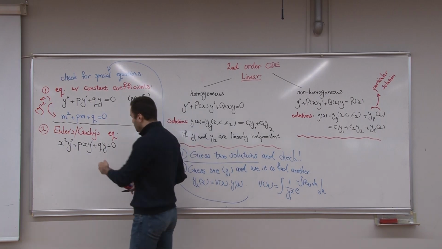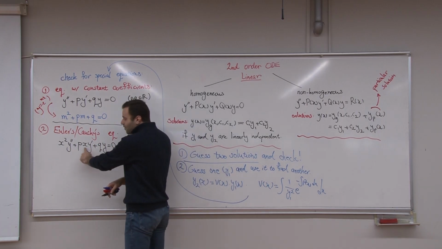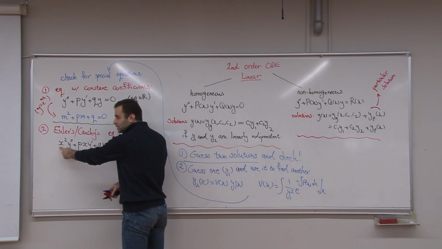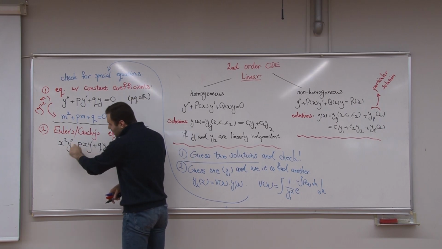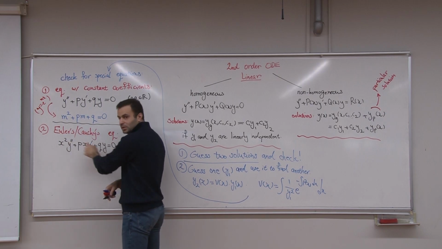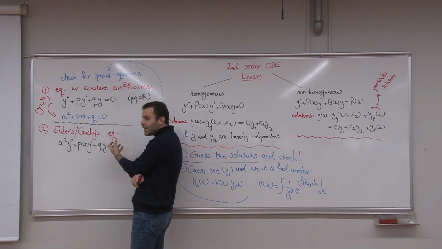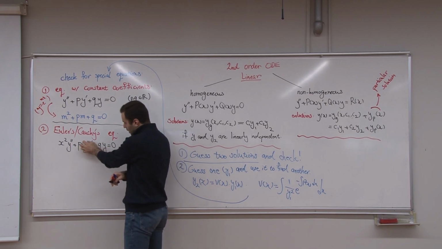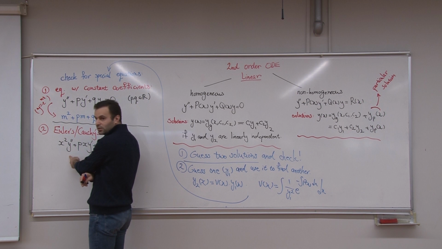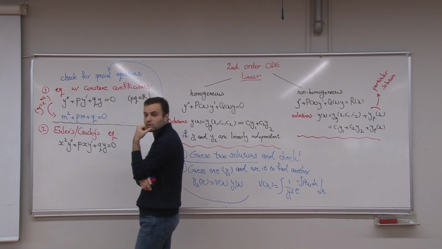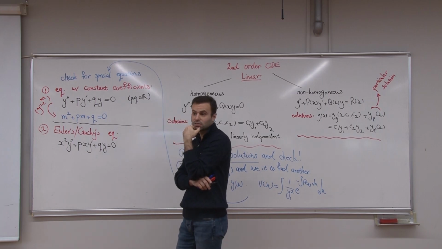I have an x multiplied by the derivative of the function, and x to the power of 2 multiplied by the second derivative. But we need this whole thing to be equal to 0. This only happens when we take the derivative and multiply with x, or take the second derivative and multiply by x to the power of 2. Then the type of solution, the type of function, is not changing.